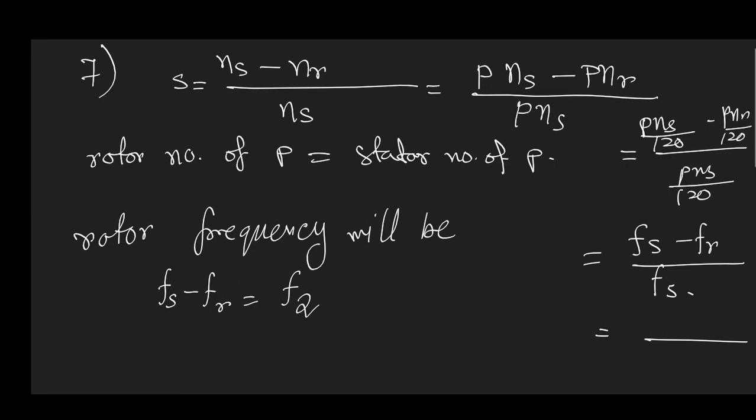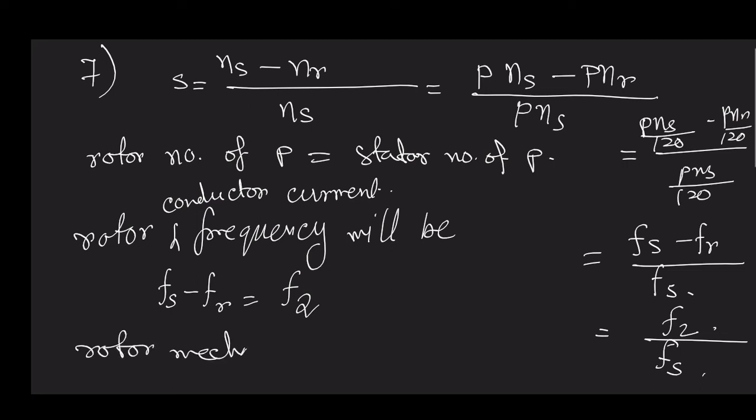So the rotor conductor current frequency is F2, and the rotor mechanical structure frequency is Fr. All are in hertz.